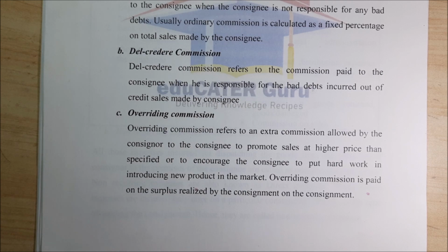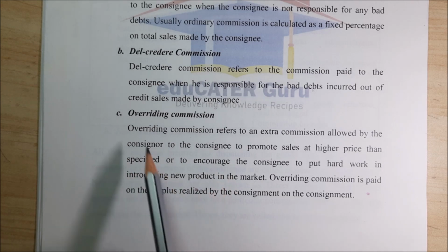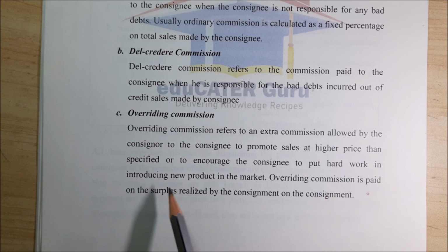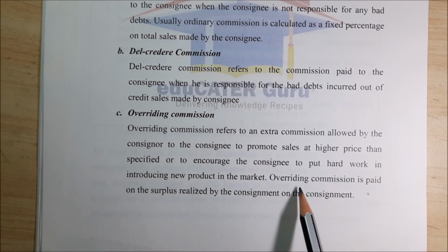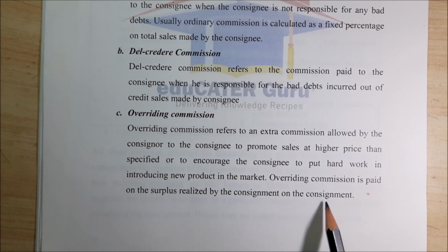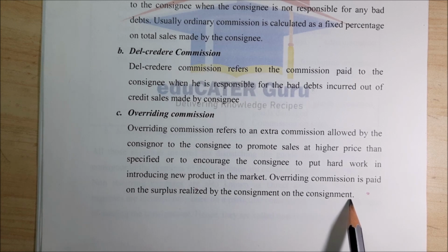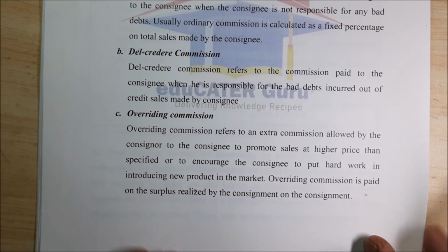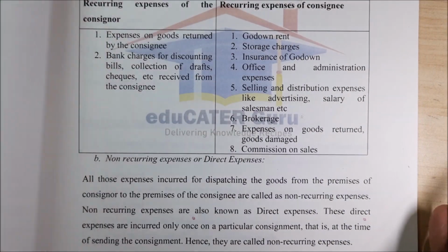That means 5 rupees more than the specified amount. For that, the commission you get is called overriding commission. That is for putting in hard work in introducing a new product in the market. Overriding commission is paid on the surplus realized on the consignment. So 125 you have sold for 130, the extra is 5 rupees. For that you are going to get an extra commission. That commission is called overriding commission.